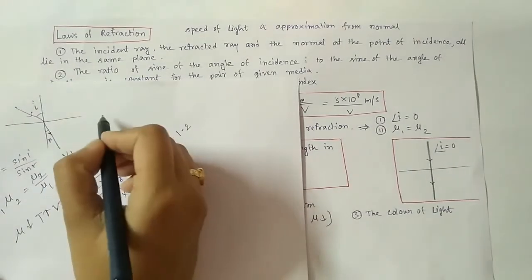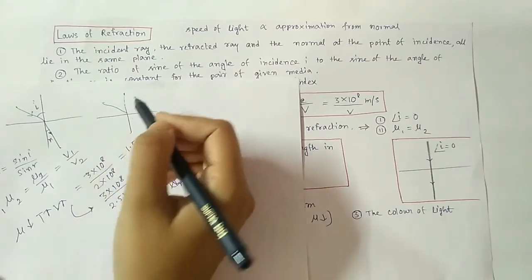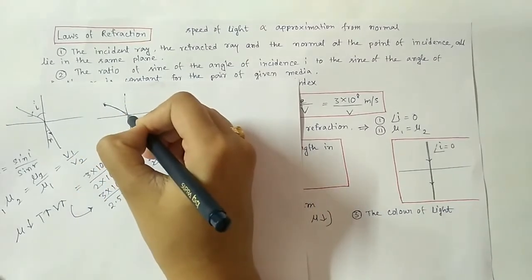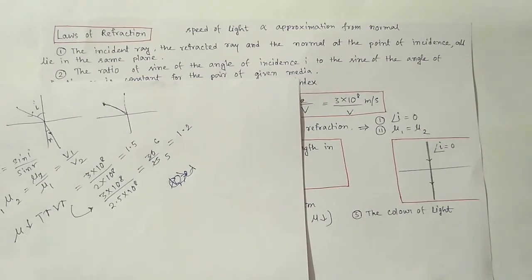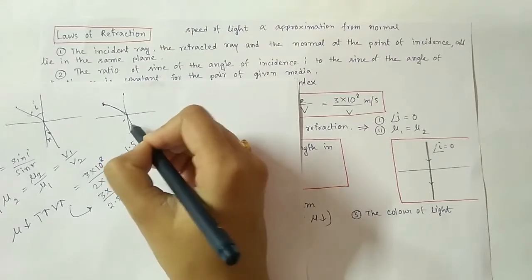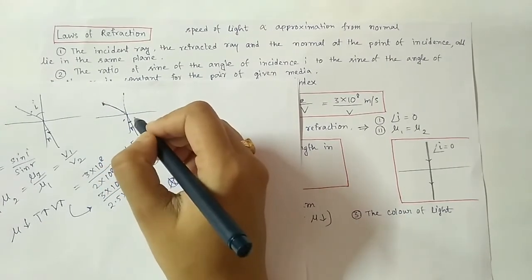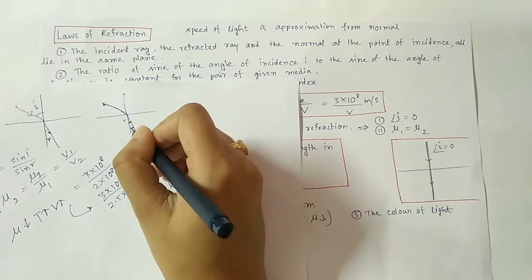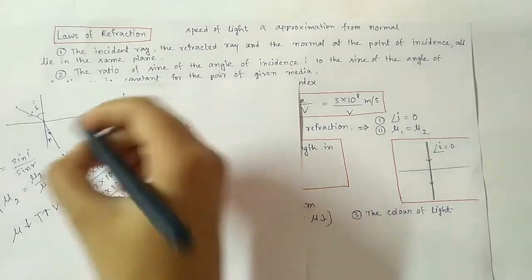But if you use violet light, which has a very small wavelength with respect to red light, then the velocity of the violet light will be less than the velocity of red light in the second medium. So it will bend more towards the normal, and thus the angle of the refracted ray will be smaller than in the case where we use red light.